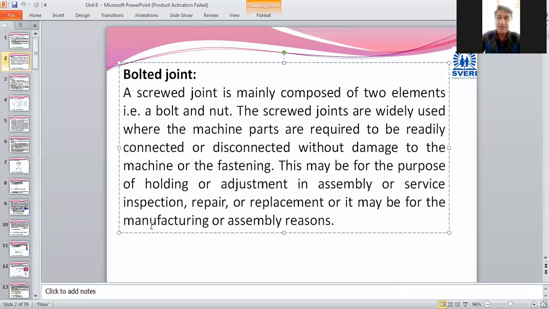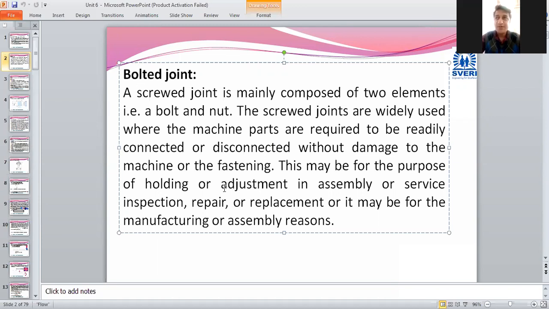This may be for the purpose of holding or adjustment in assembly. Sometimes we are going to have some adjustment also in terms of dimensions with the help of these bolted joints. But that type of facility is not available in case of welded joints. Once you form that joint, it will become a permanent joint.